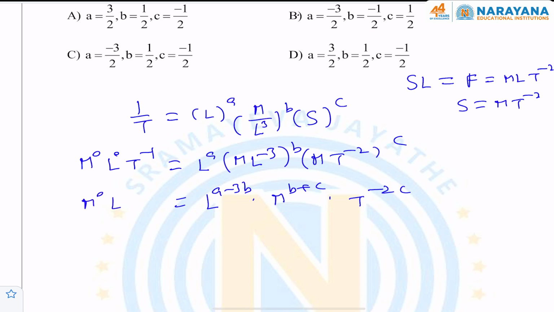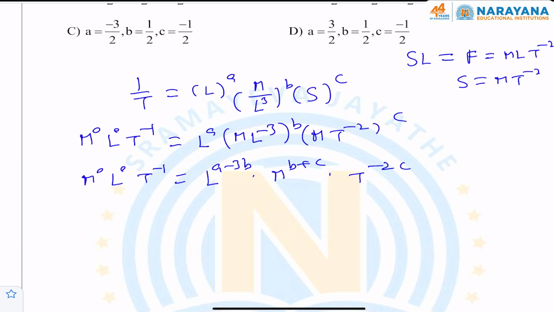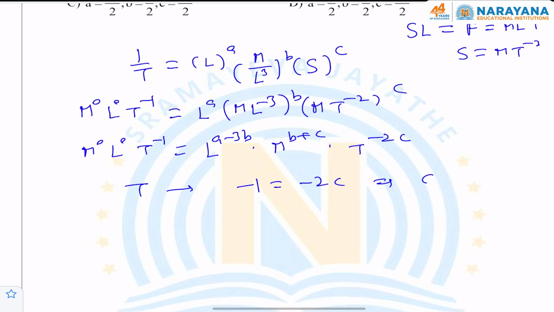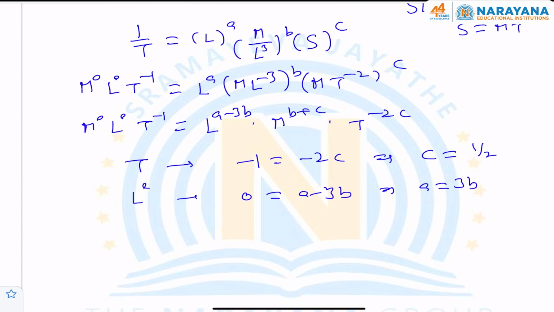Here it is M power 0, L power 0, T power minus 1. Equating the powers of T, here it is minus 1, this is equal to minus 2C, giving C equal to 1 by 2. Next, equating the powers of L, 0 on the left hand side equal to A minus 3B on the right hand side, which gives A equal to 3B.